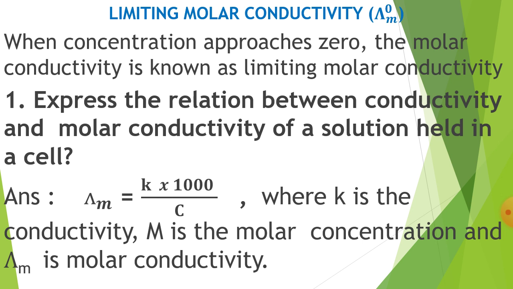So the answer is lambda m equal to K into 1000 divided by C, that is molar concentration, where K is the conductivity, M is the molar concentration and lambda m is the molar conductivity. So either you can write M or C for molar concentration.